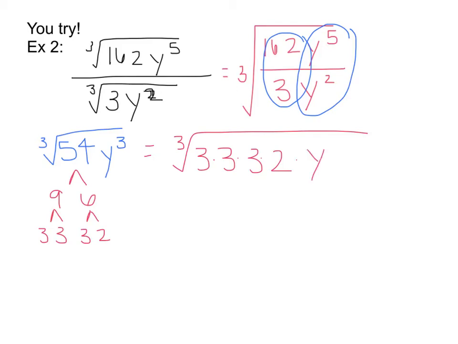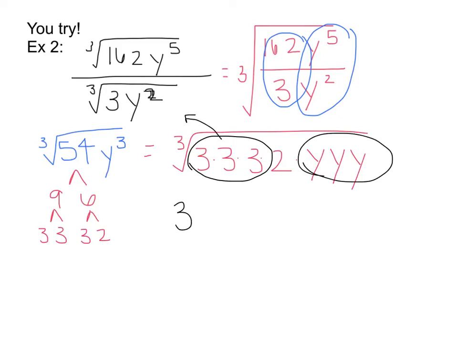Then y to the 3rd, y times y times y. Cube root means you need 3 of the same numbers for it to come out in front. So I have a 3 out in front. I also have a y out in front. And then this 2 that's left under, that isn't circled, is what's left underneath. And that's your final answer.